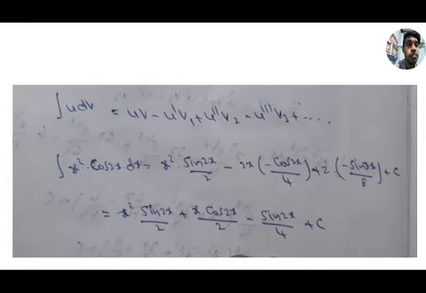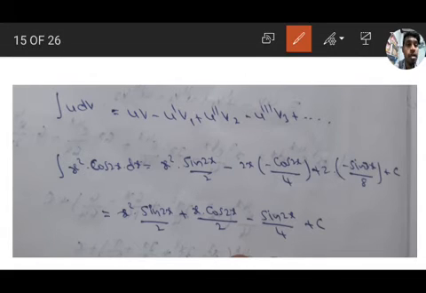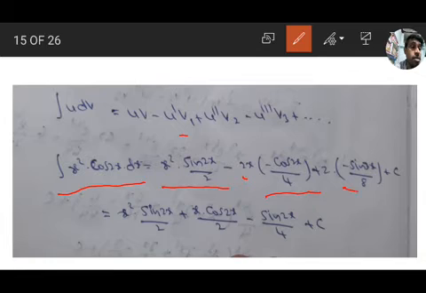So substitute in the formula: integration of x square into cos 2x dx equal to x square into sin 2x by 2 minus 2x into minus cos 2x by 4, that is v1, plus 2 into minus sin 2x by 8, plus c, that is v2.